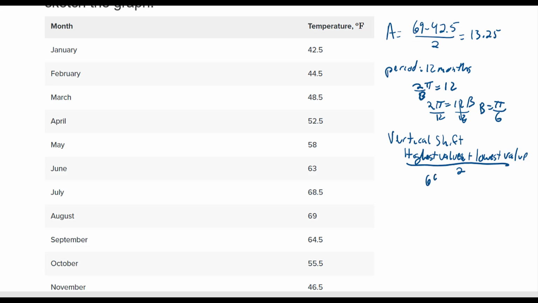So that's 69 plus 42.5 divided by 2, which is 55.8.